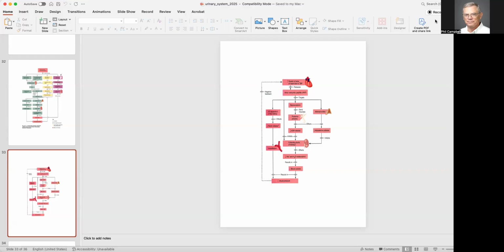Now, how does it work? It's global. It suppresses aldosterone release from the adrenal cortex. It also disrupts the release of ADH from the posterior pituitary, and it also goes over here and reduces renin release.